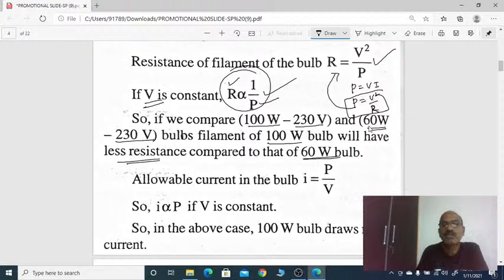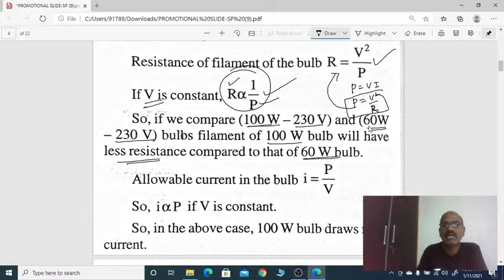So if power is more, resistance will be less. The 100 watt bulb will have less resistance because power is more. Resistance less means what happens? Current will be more. Keep in mind, the 100 watt bulb will have less resistance, so it will allow more current.